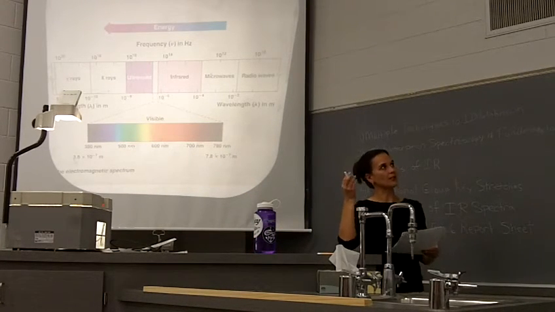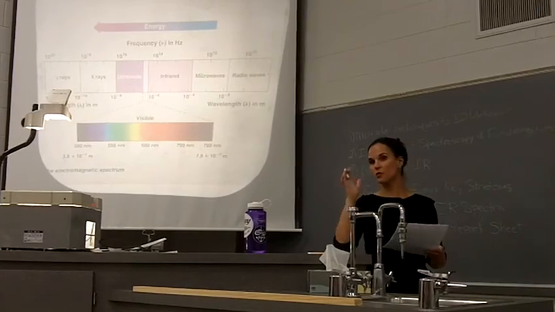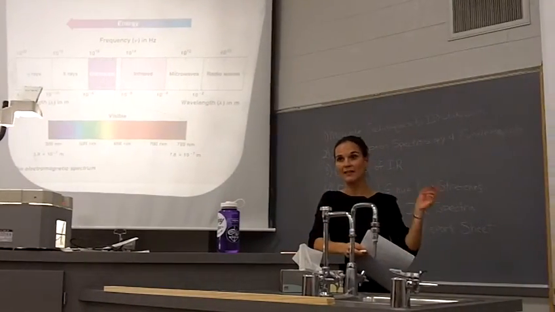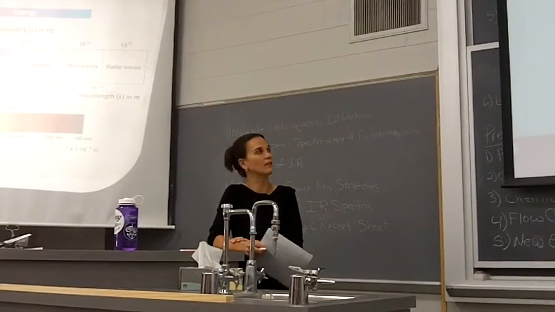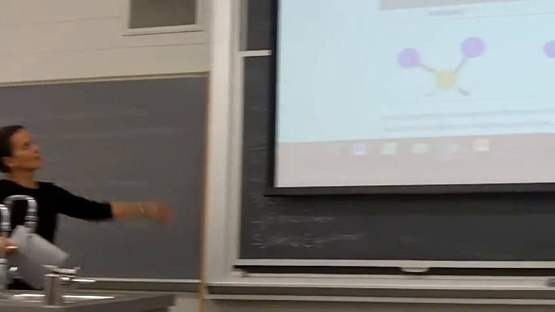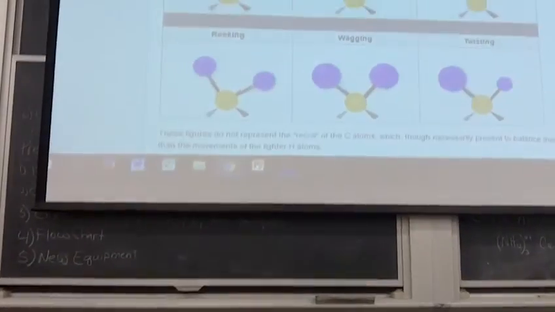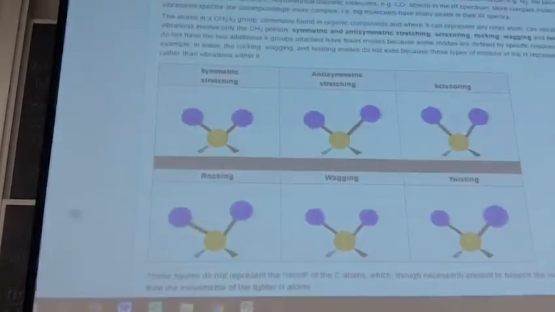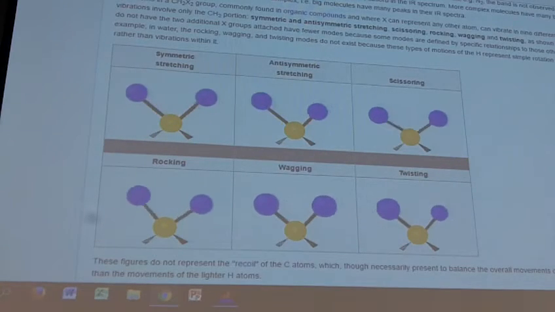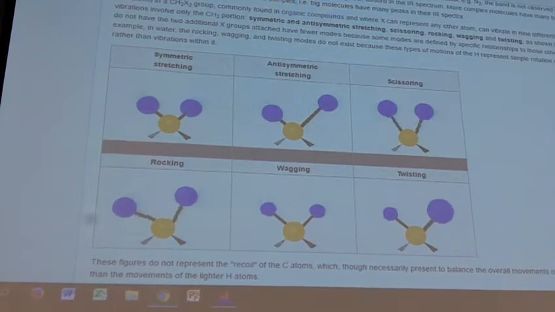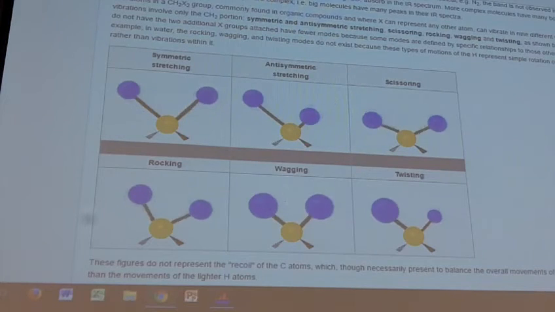That infrared energy is being absorbed by the bonds, and so it's doing different things with those bonds, and the spectrum is characteristic to whatever particular bonds are in the spectrum, okay? So there's stretching, and there's scissoring, and there's rocking, and wagging, and twisting, all sorts of different things that are happening with the bonds as they are radiated with infrared energy, okay?